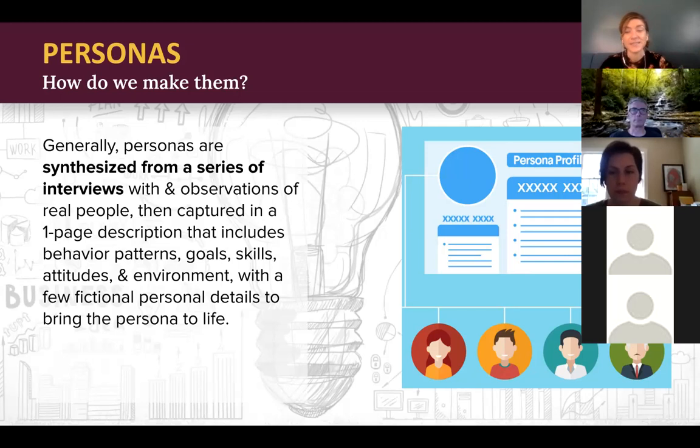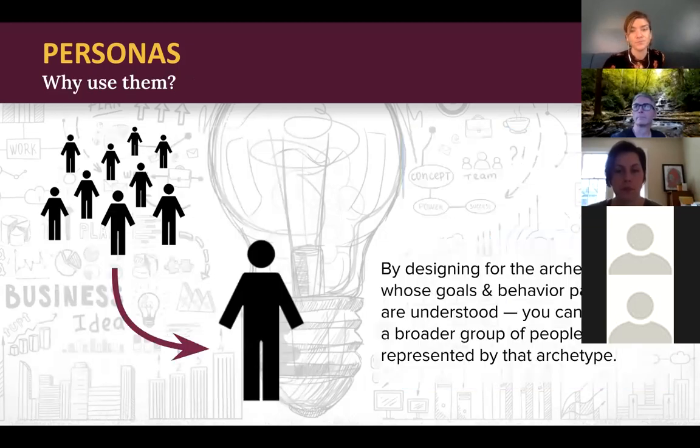So this is where it can be really fun. You're painting a picture so that you're not going in with a blank slate of who am I designing for. But there's a really fine balance, and there are no strict rules about what should or shouldn't be in a persona; it's all about what's useful to you to bring that to life. And so, like I said, you start with this big group of people that you've identified themes around.